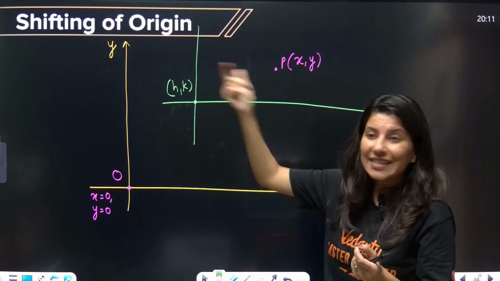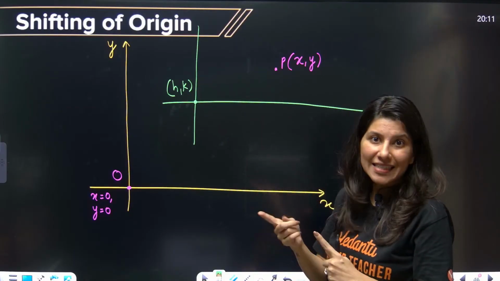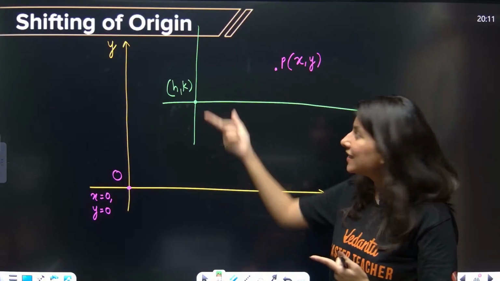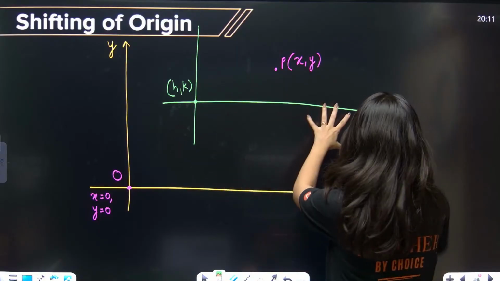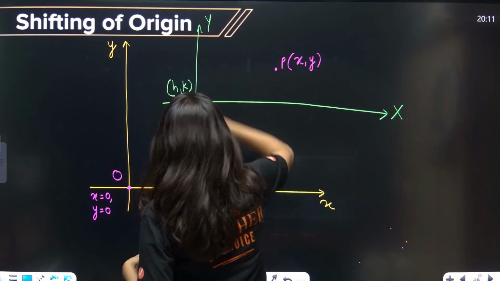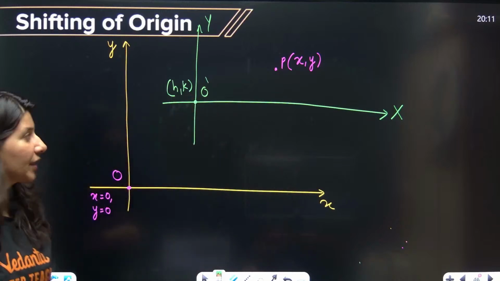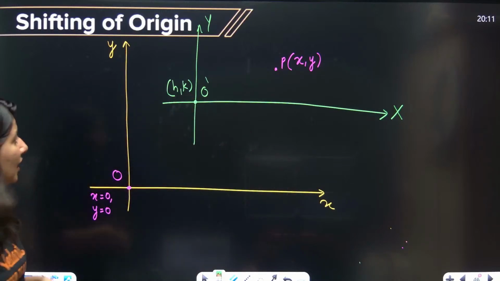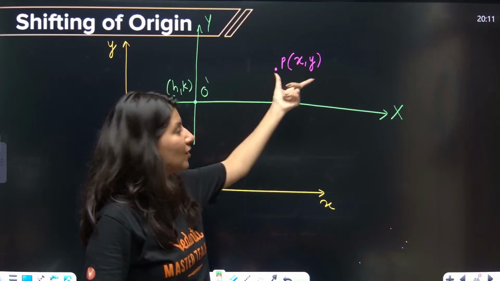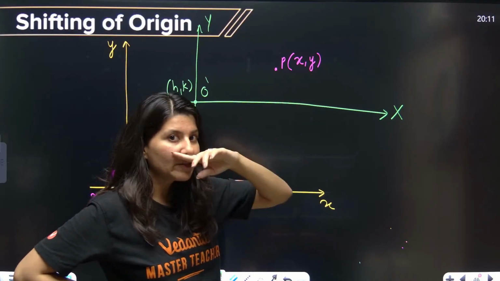So small x is h, small y is k, and this over here is capital X, the new axis, capital Y, and this is nothing but O dash.